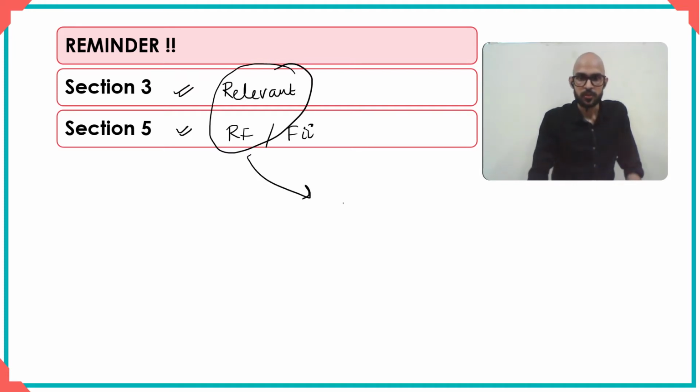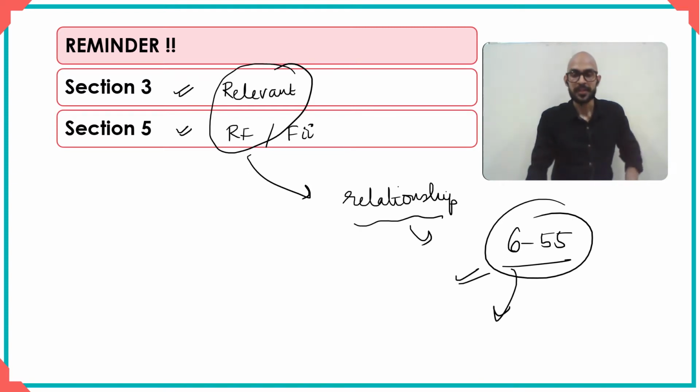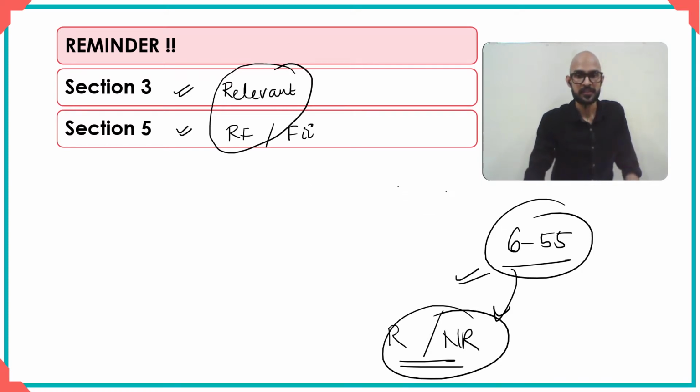Well, for this, you look at the relationships, the connections that have been given in the sections from 6 to 55. So basically the provisions here would either declare a fact to be relevant or they would declare them not to be relevant. In other words, they would declare them to be irrelevant. That essentially is what you see in all of the provisions between 6 and 55.